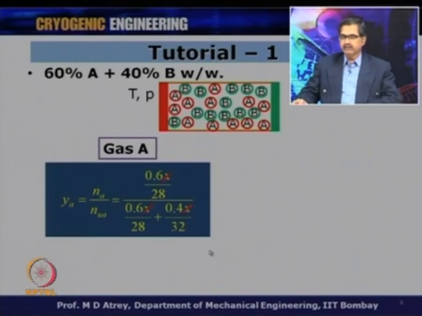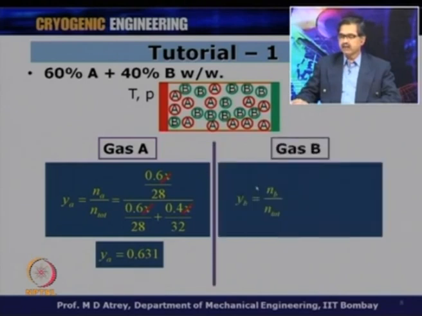If we take out x from all these terms, we get Ya is equal to 0.631. That means the molar fraction of A is 63.1%. However, the weight percentage is 60% here. That means the molar fraction is different from that given on the weight basis.